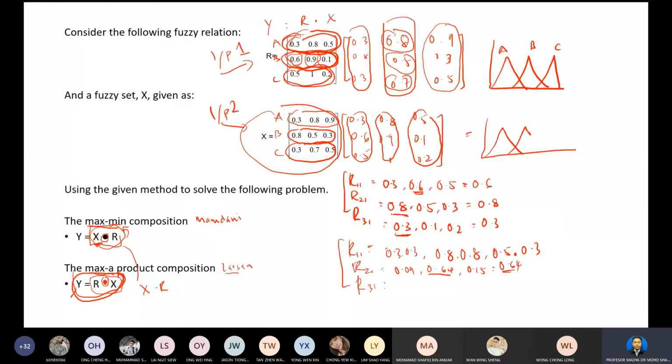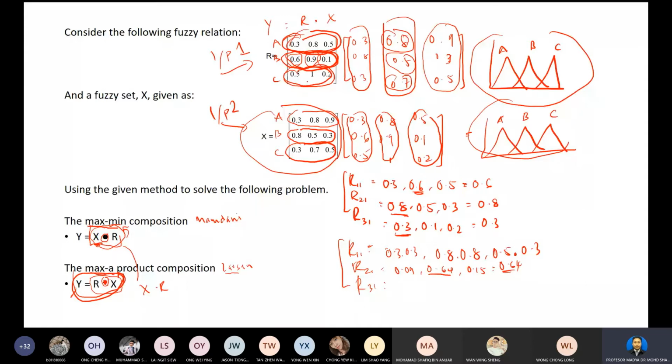So we set first set A, B, C. This is the graphical, and this is the matrix.